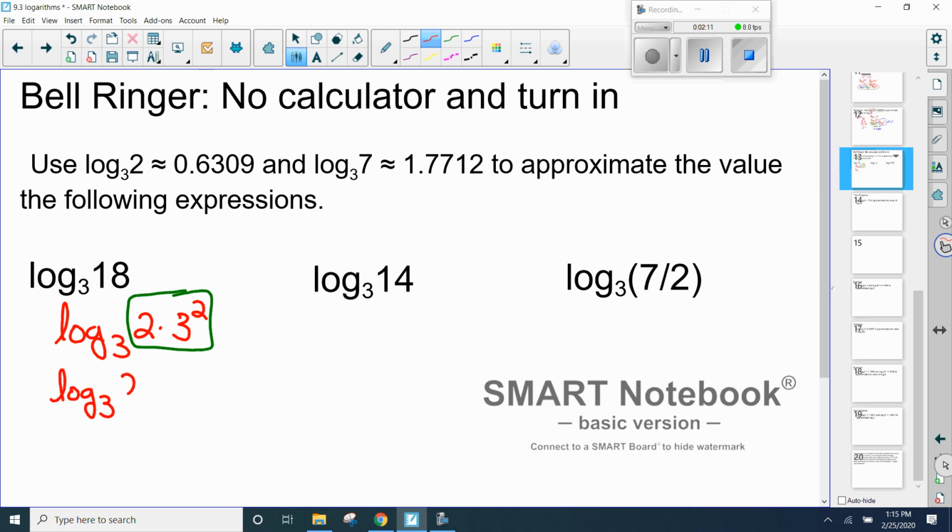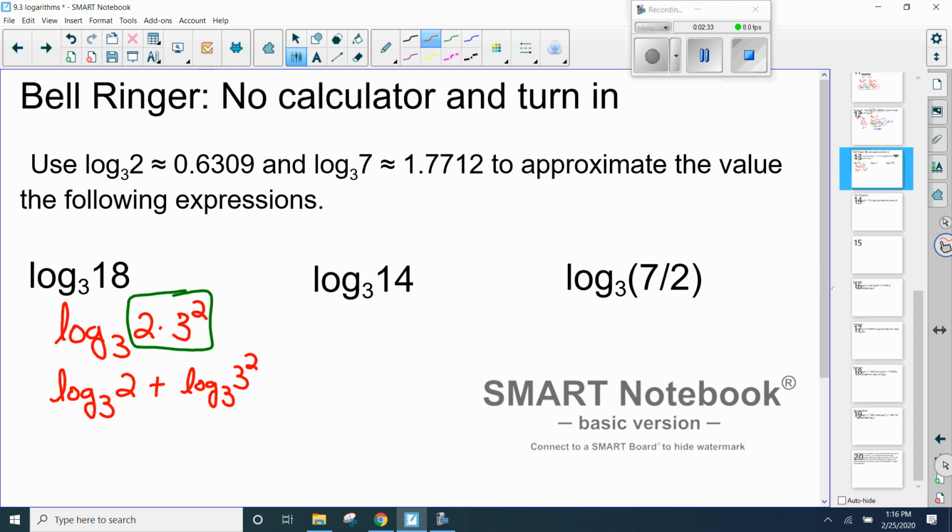So what would it turn into then? Log base 3 of 2, log base 3 of 3 to the 2nd. What operation do we perform between them? Addition. Because the rule for exponents is, if you multiply like bases, you add the exponents. So we're adding the exponents here because we're multiplying bases together.